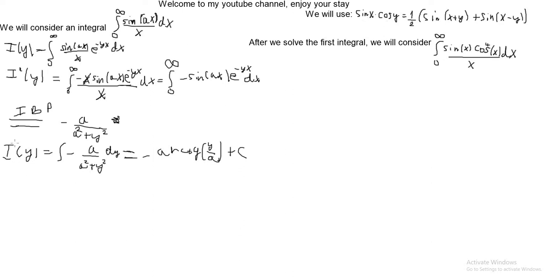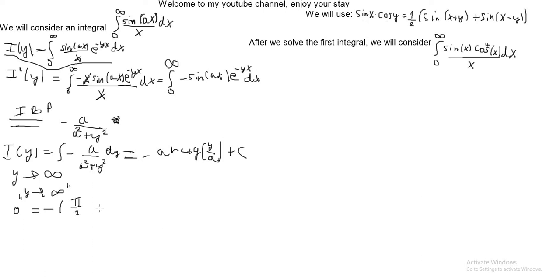If we take a look at I of y, it's this thing. And if we make y go to infinity, this integral will tend to 0. So when y goes to infinity, we have 0 equals minus arctangent of y over a, which will be pi over 2.